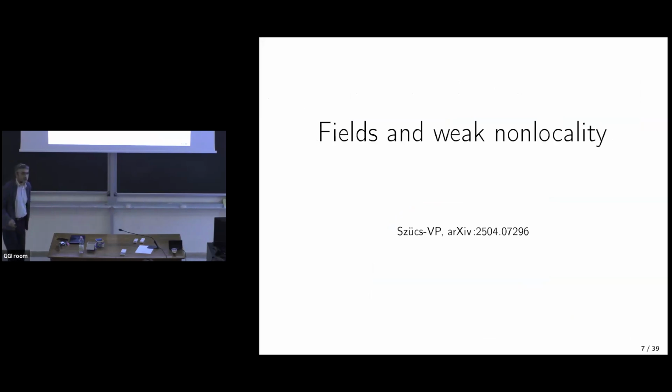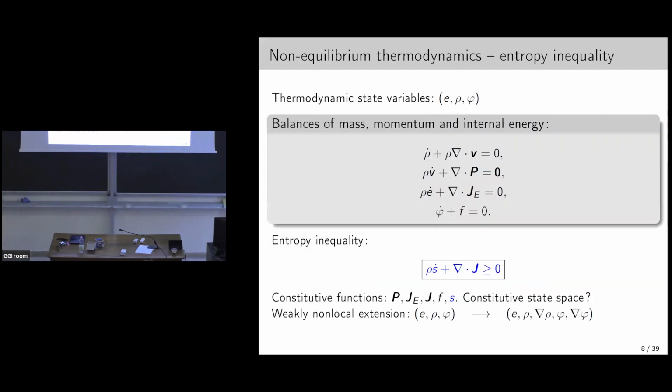Okay, now how is this kind of second law-based construction working and what are we doing here? First of all, let's take a simple fluid, with balance of mass, momentum, and total energy, and an additional scalar field with undetermined evolution equation.